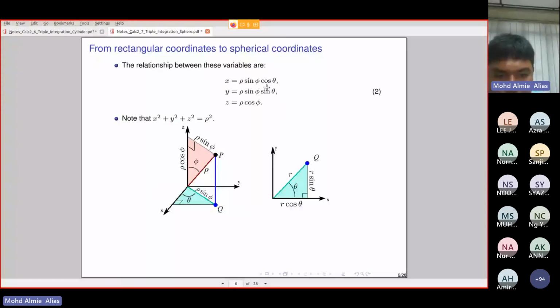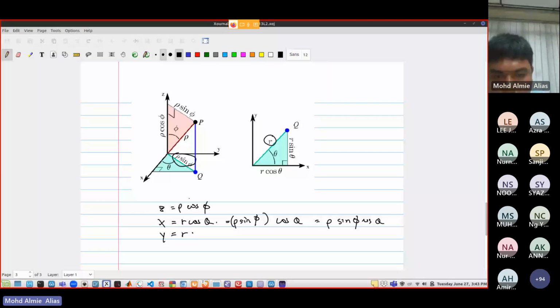Similarly, for y, from polar coordinates you have r sine theta, where r here is actually rho sine phi. So you just substitute, and you get rho sine phi sine theta. So easy, right?